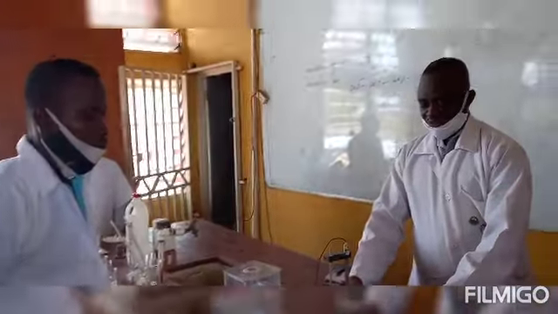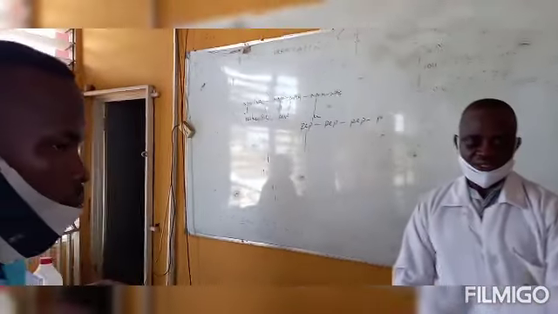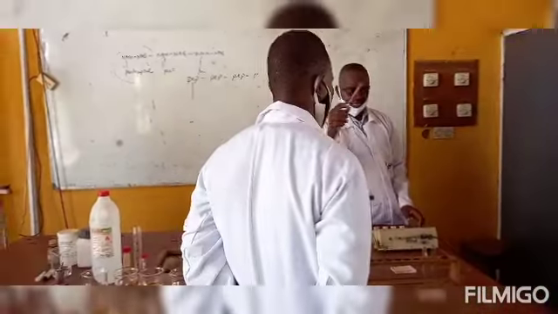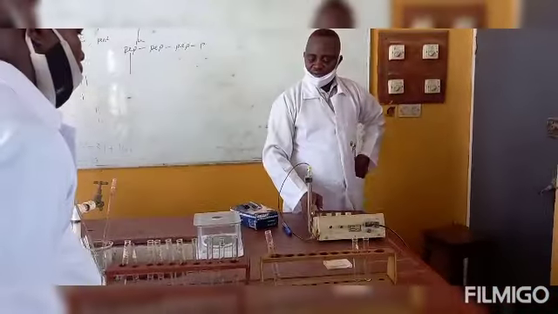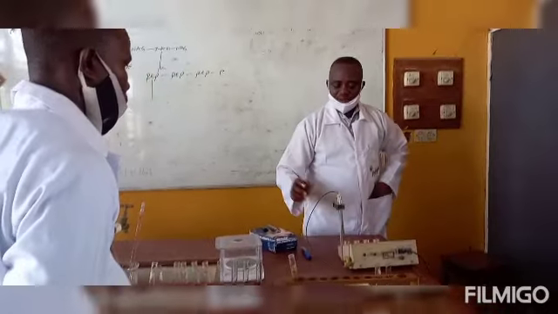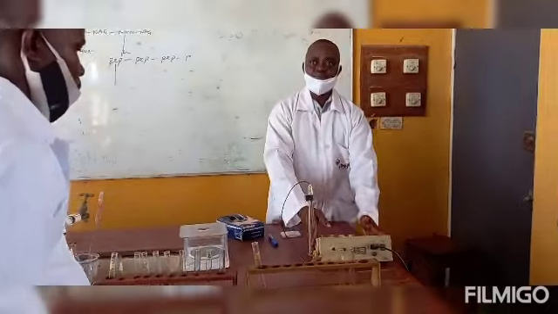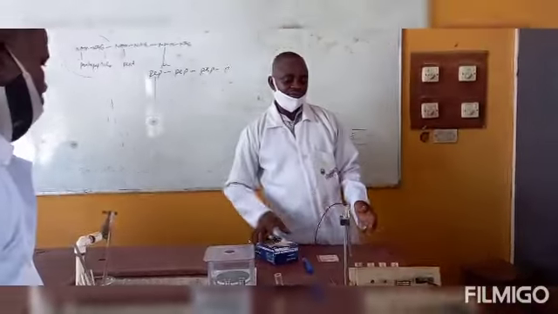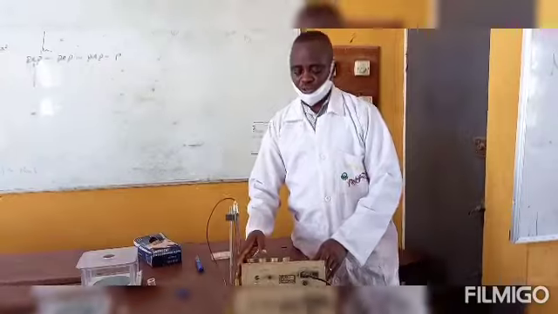It comprises the output unit, the power section, and then the probe known as the electrode. With a pH meter, you can easily detect or measure the pH of any particular solution.